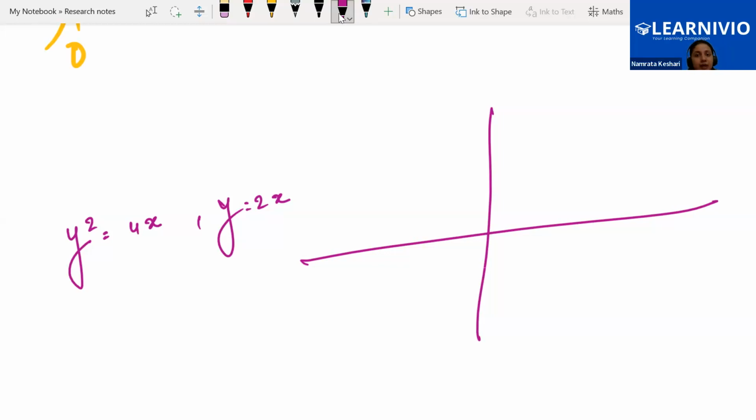Is it upward facing parabola? It's side facing, or right side. And the vertex is 0, 0. What about this one? y is equal to 2x.